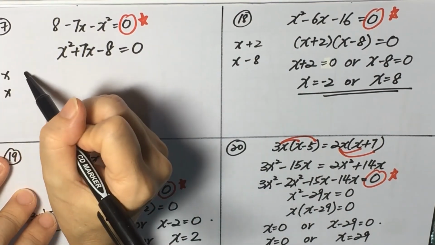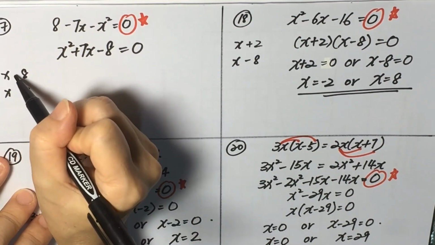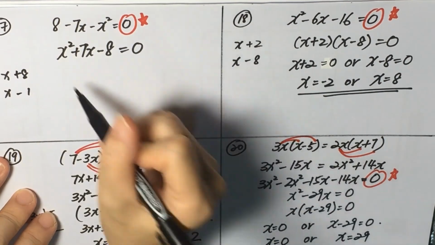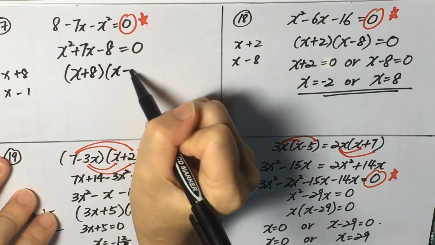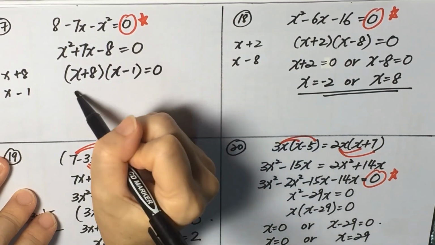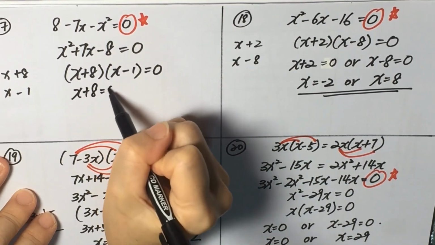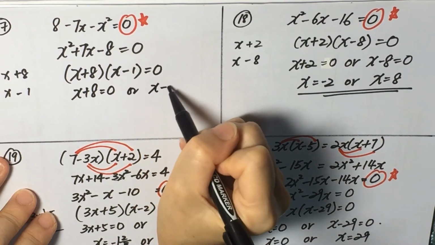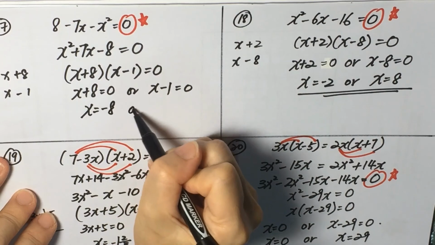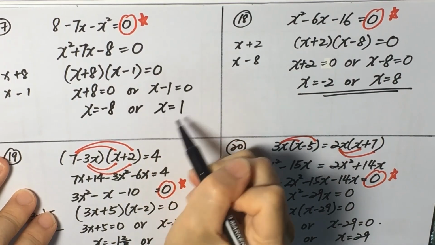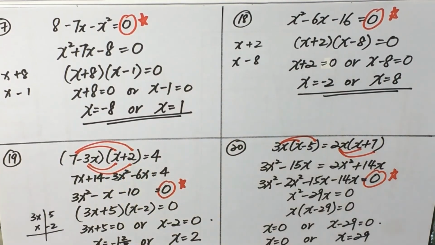Cross method again, 8 and 1, a plus here and a minus here. So I have x plus 8 multiplied by x minus 1 equals 0. So x plus 8 is 0 or x minus 1 is 0. So x is negative 8 or x equals 1. So these are the answers. So the answers for all these 4 questions are here.